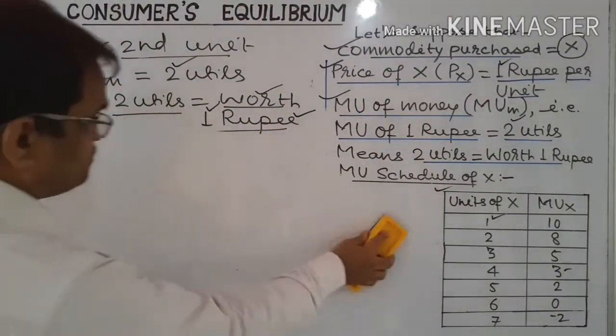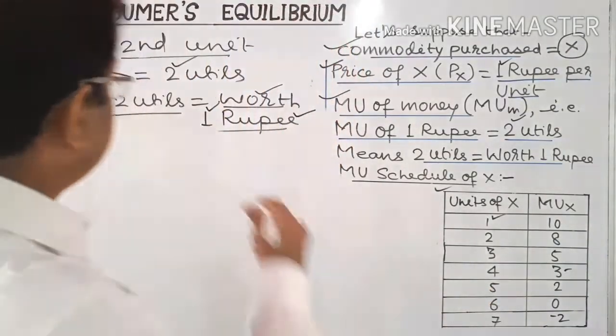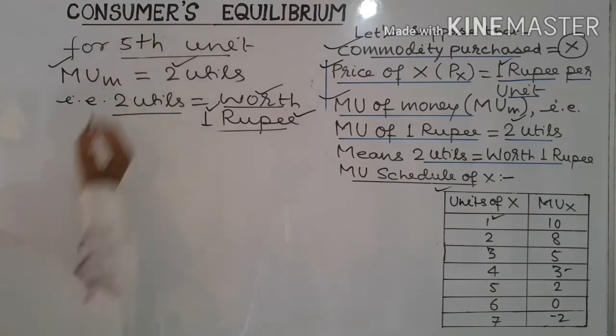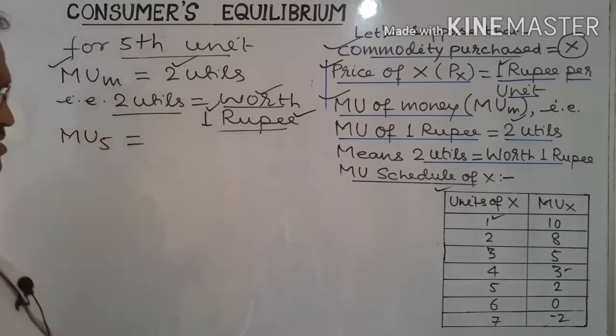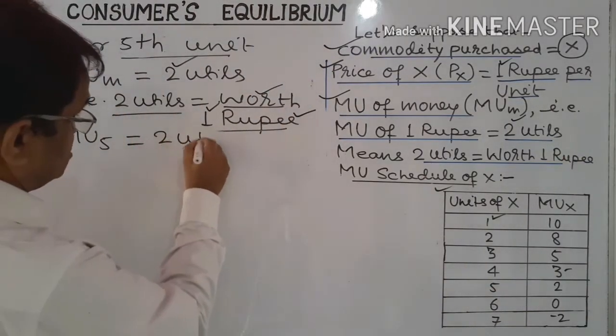Now look at the fifth unit of the commodity. What is the situation? For this fifth unit, the marginal utility that the consumer gets from this fifth unit is equal to 2 utils.